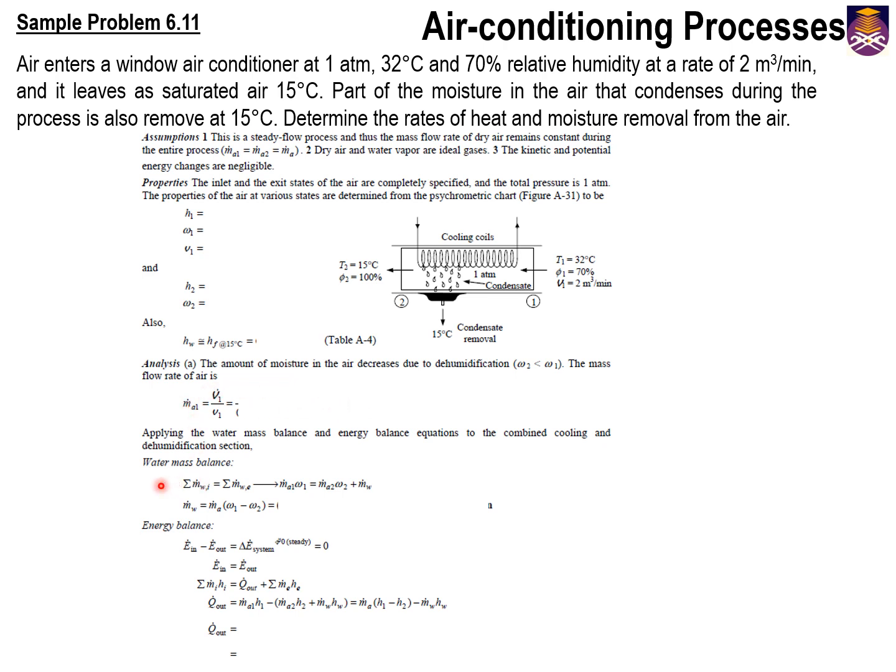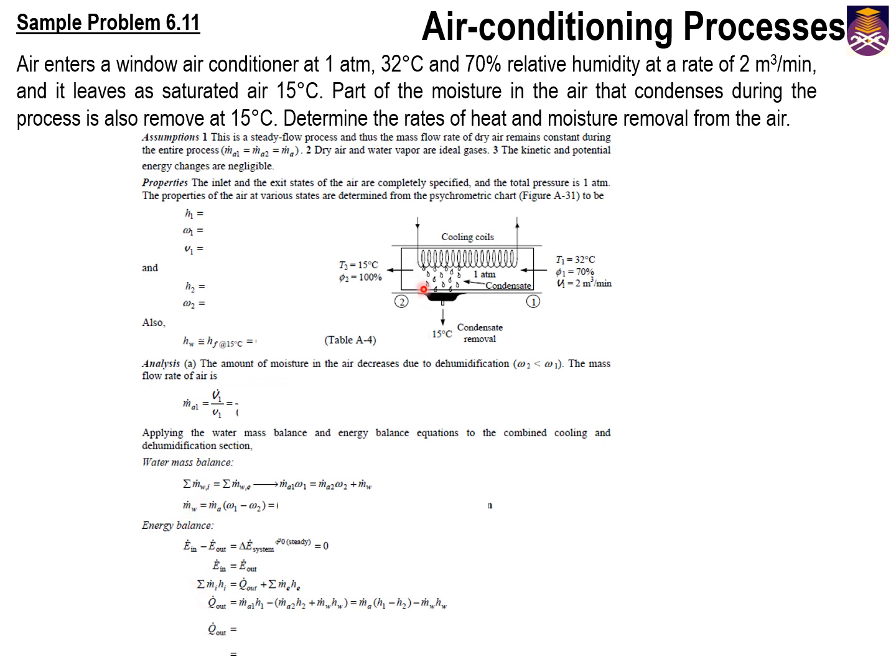And now based on this equation, energy balance, you will be able to find what is the mass of condensate removal from the system. So omega 1 minus omega 2 times the mass flow rate of the air, that will give you the water mass balance, amount of water that condenses out from the system.